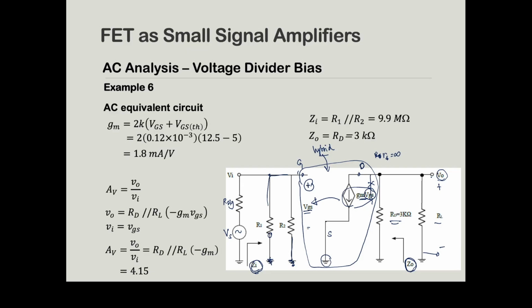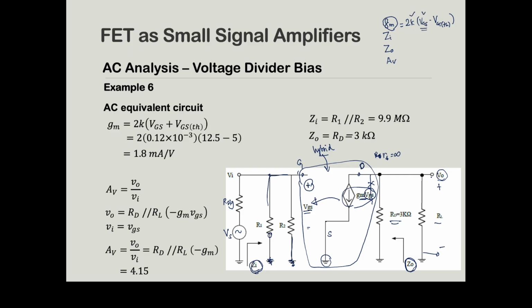Next, we need to find the values based on the questions. They ask you to find the value of gm, the value of Zin, the value of Zout, and the value of Av. For gm, always remember there are two formulas, right? gm equals 2K (VGS minus VGS threshold), the threshold voltage. K is already given to us.